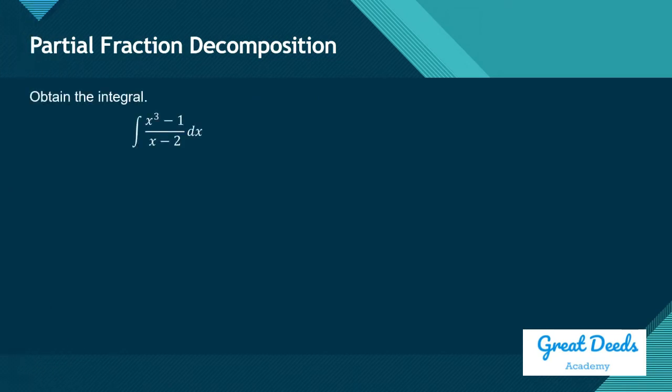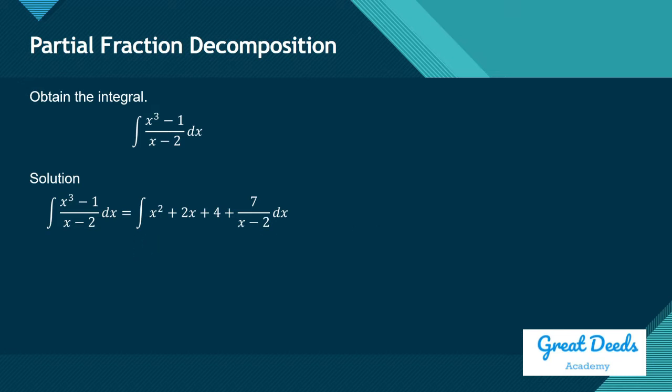Obtain the integral of x cubed minus 1 over x minus 2 dx. Let us produce the partial fraction decomposition by dividing x cubed minus 1 by x minus 2. And this is the result.